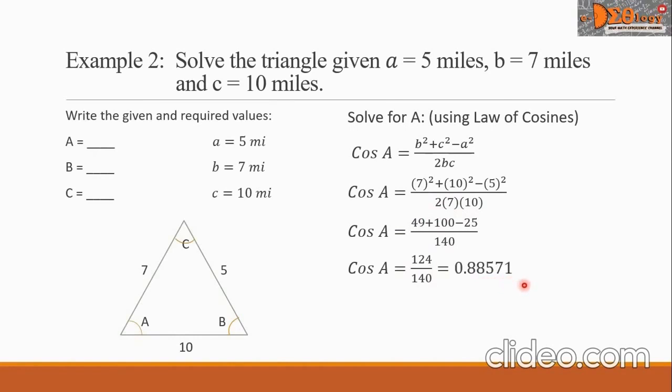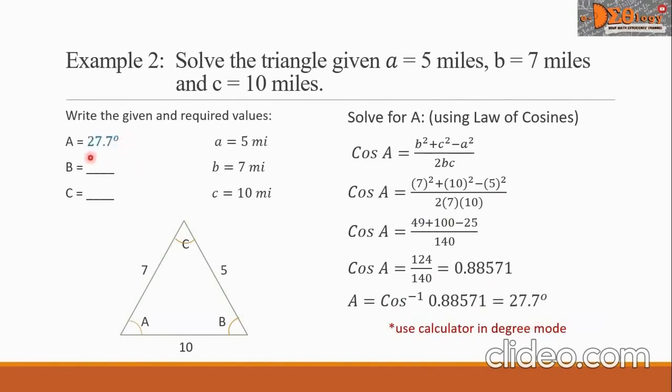So let us get the angle A. Angle A equals cosine inverse of this decimal value. So we must use the calculator in degree mode, and the value of angle A is 27.7 degrees. Let us copy this value opposite angle A on this side.